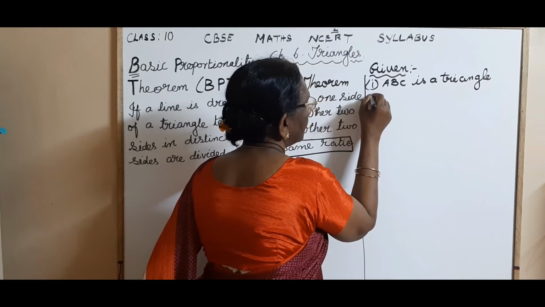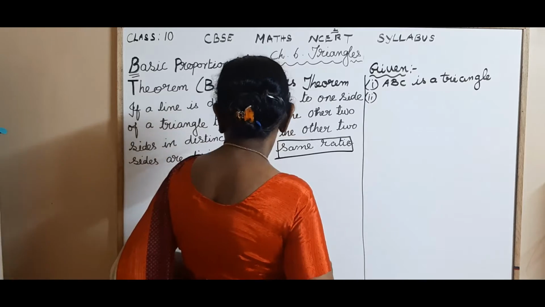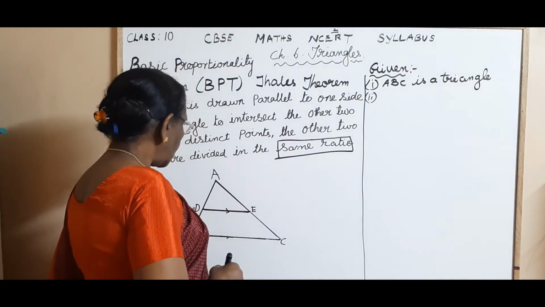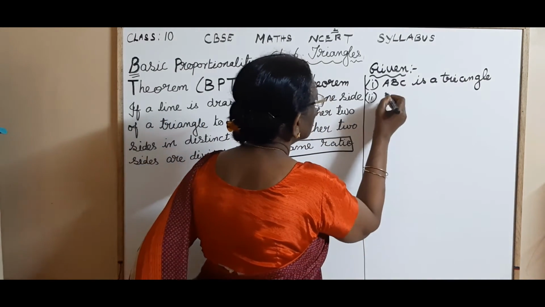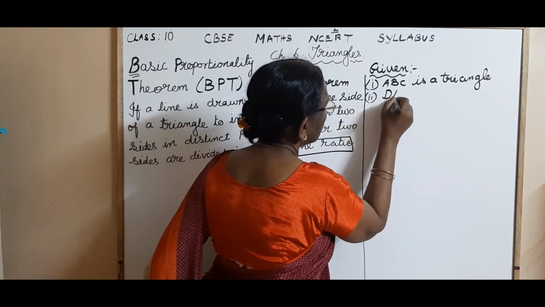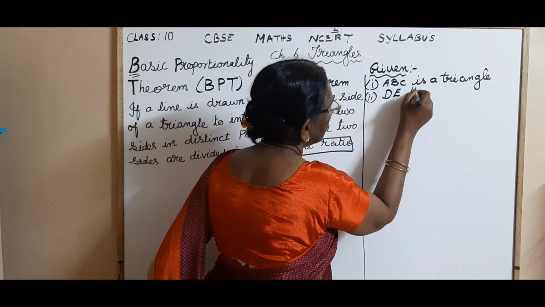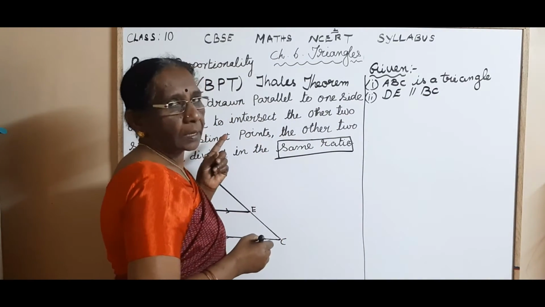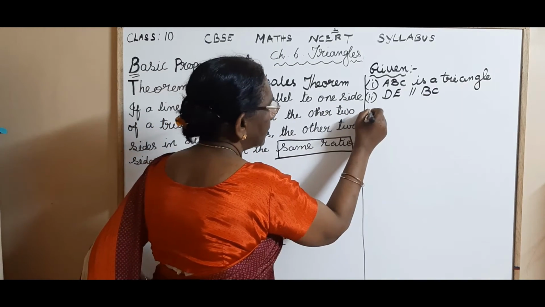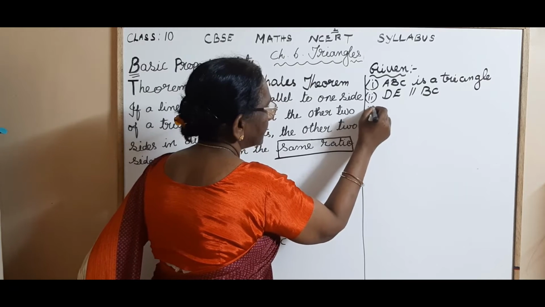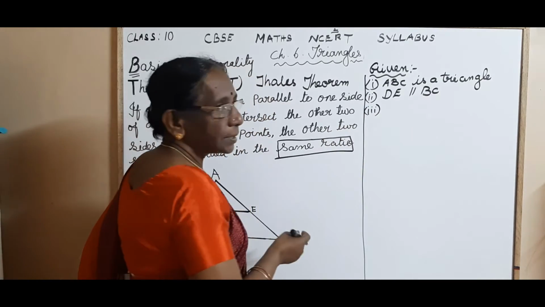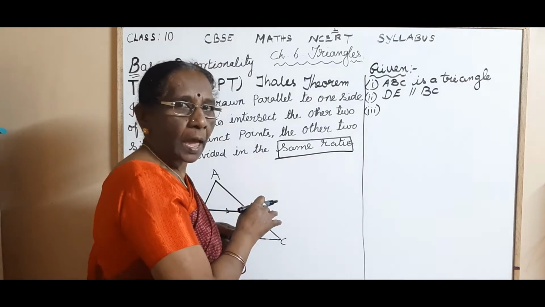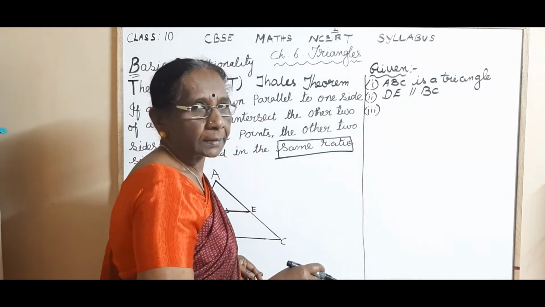Second point: DE is parallel to BC. It is also given. Then, third point: what does DE do? It intersects the other 2 sides in distinct points.